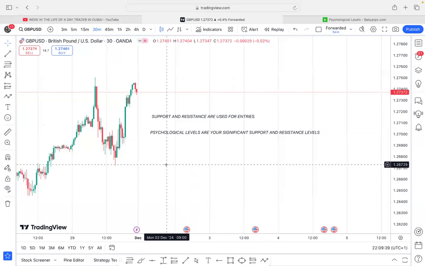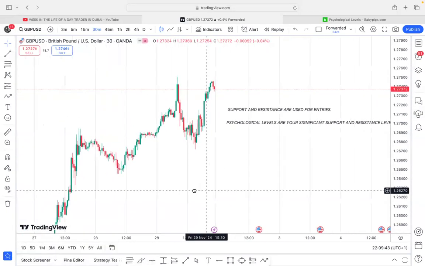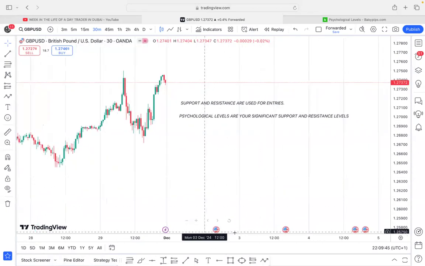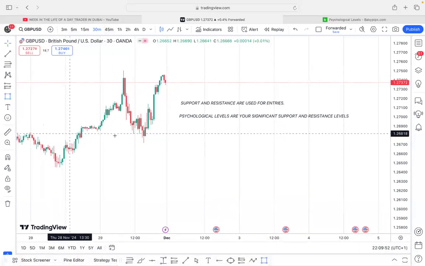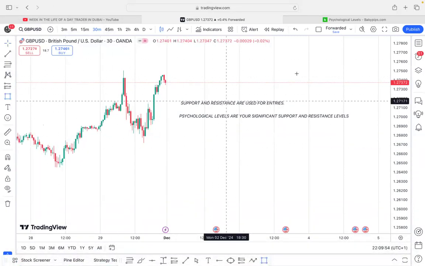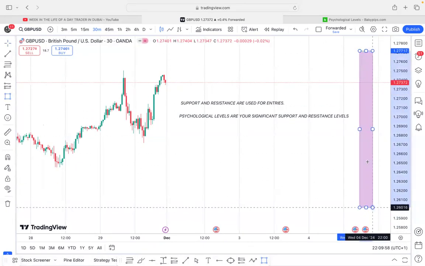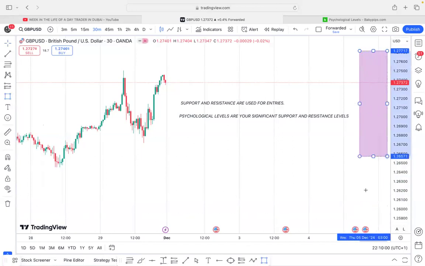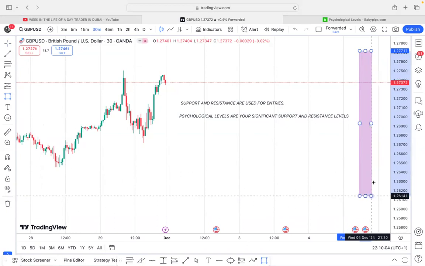Now, what do they mean? For example, let's say our psychological levels are whole numbers. Everything we are doing in trading, we are doing it with price. You can see this is my TradingView chart where I have my candlesticks, and on this side where you can see me drawing this box, you can see a set of prices. These prices are our concentration.